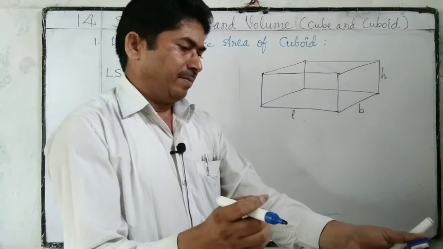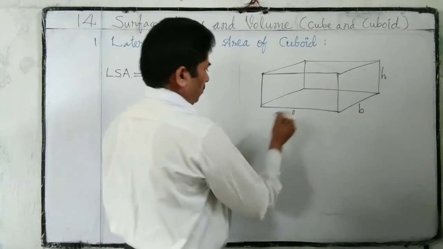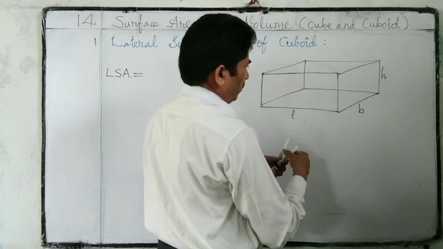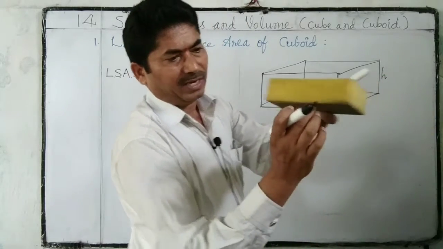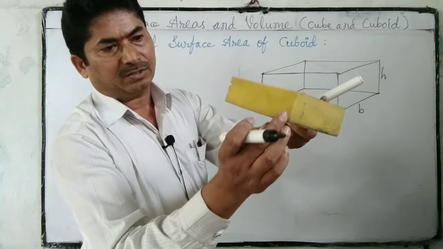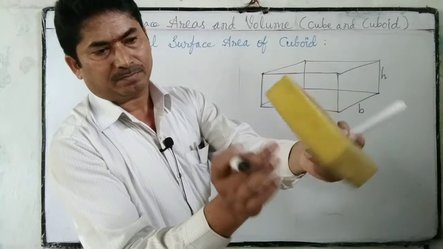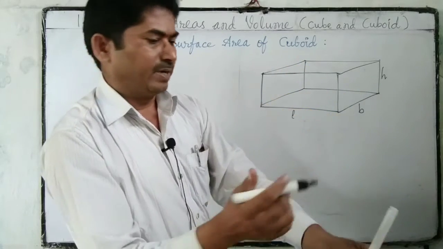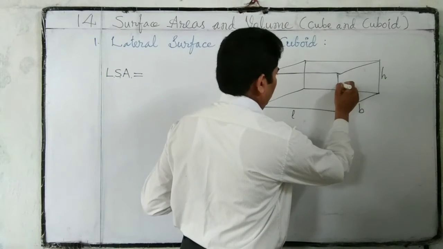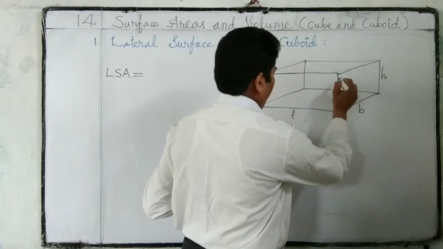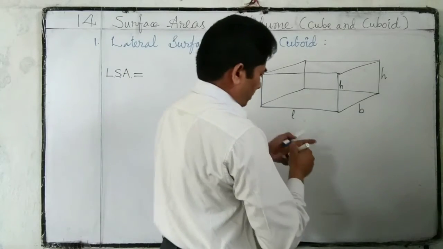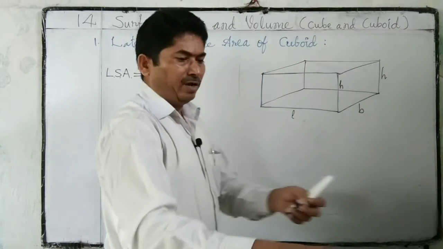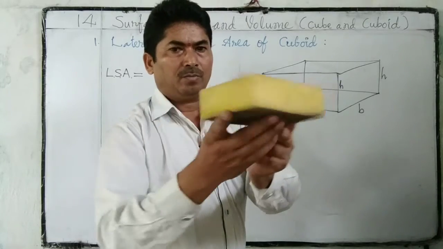Area of rectangle A is equal to L into B. So in this, this is a length, this is a breadth. So height we can take as breadth. Like these shapes, we have two, 1 and 2.